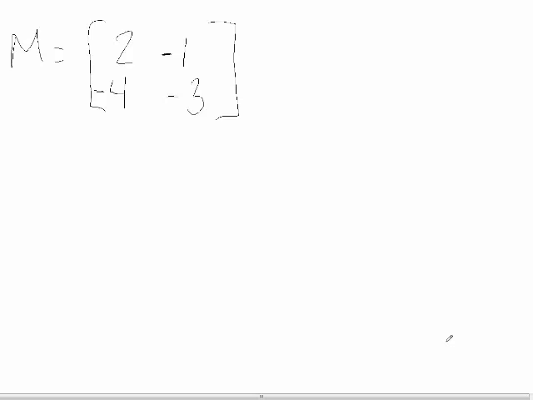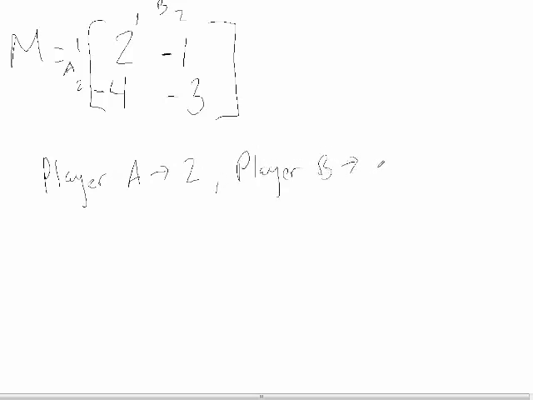So if this is player A, 2 strategies, player B and 2 strategies, what's the value of the game if player A chooses strategy 2 and player B chooses strategy 1? Now if the matrix is set up in terms of player A, 2 is a gain.